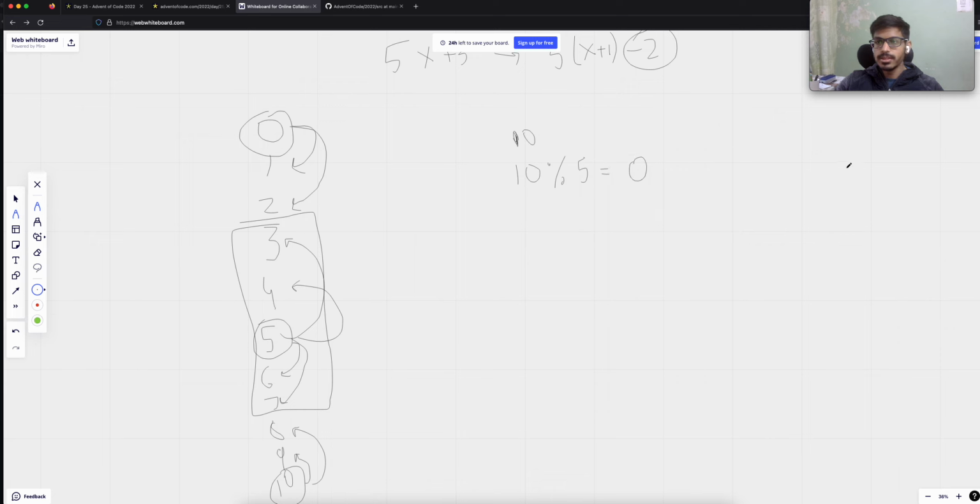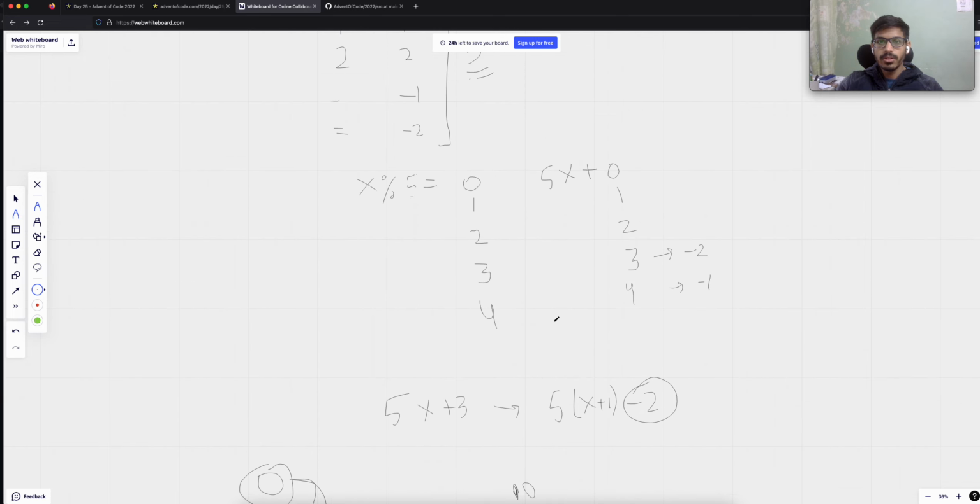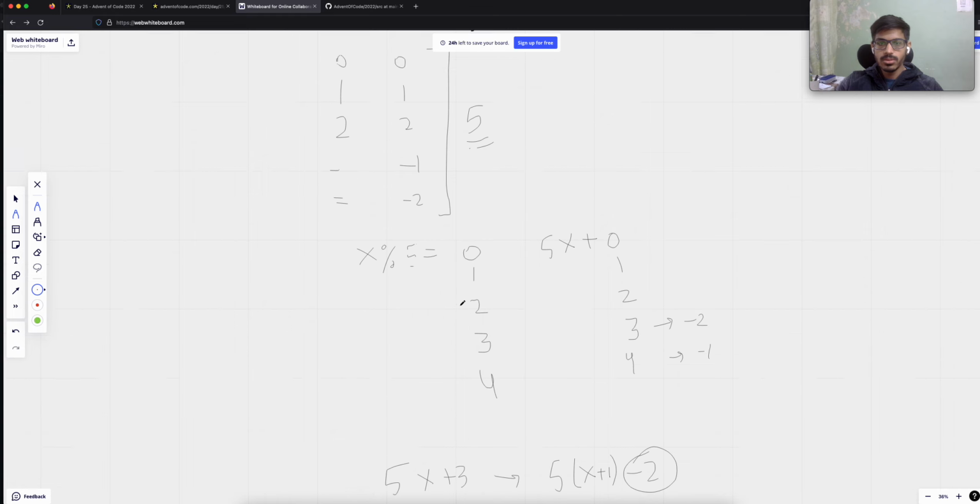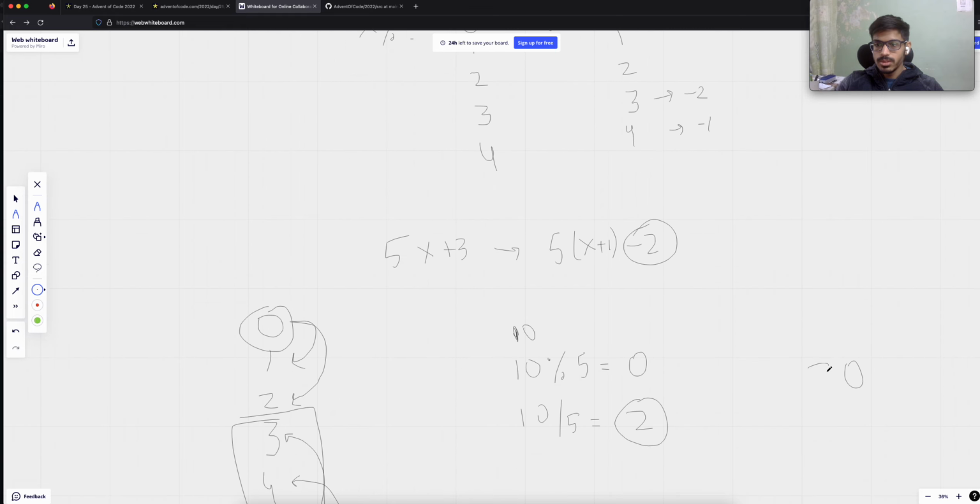So the first digit is 0 here. We write it as 0. Now we divide it by 5. It comes out to be 2. Now we have to find what is the representation for 2. That we already know, it is 2. So 2, 0 is the representation for 10.